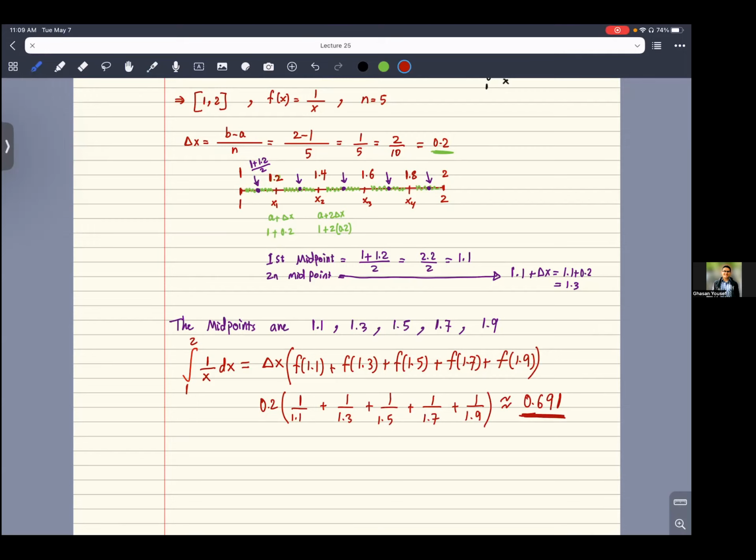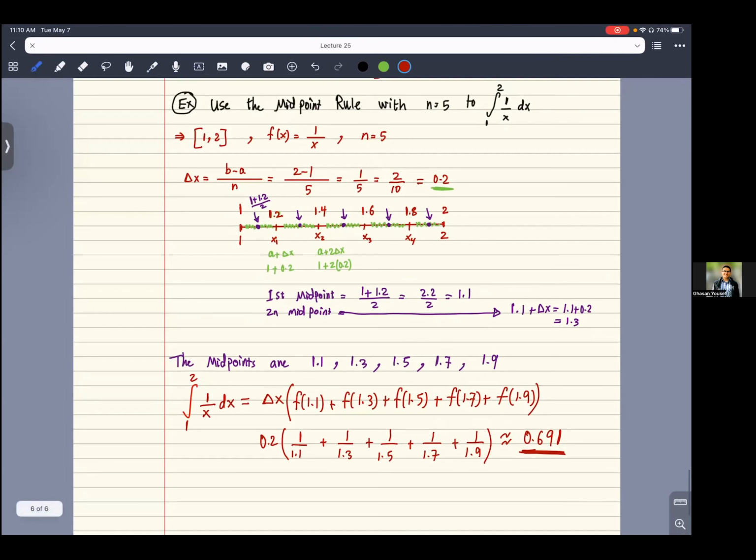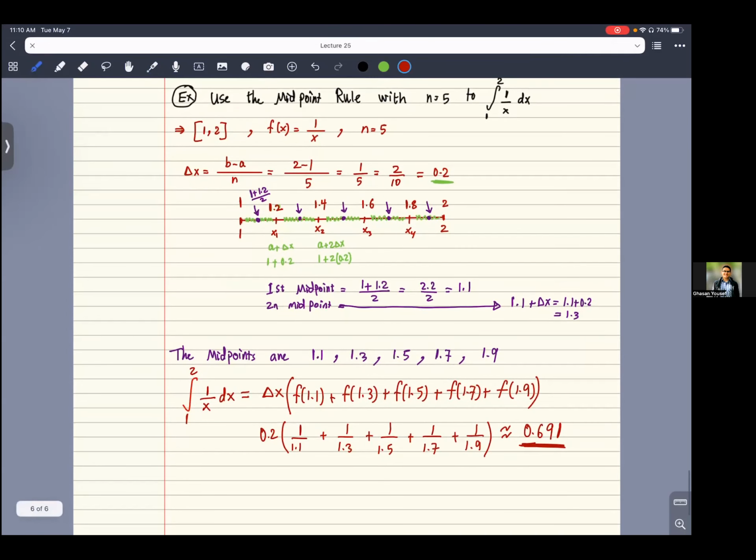Any question for this example? How did you get 2 over 10? Okay, delta x is the same as 2 minus 1 over 5, correct?